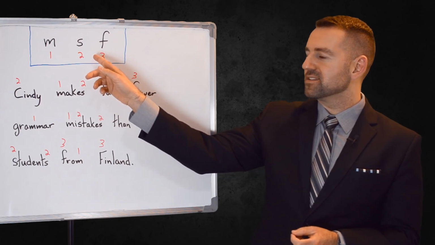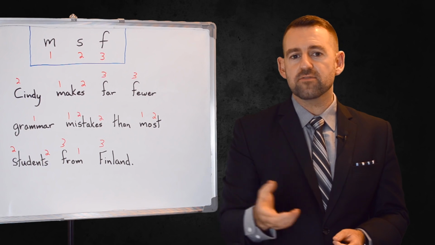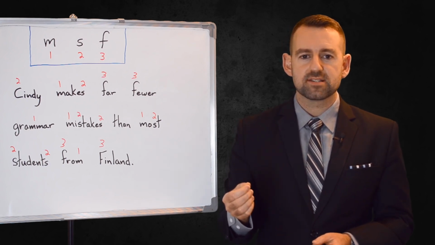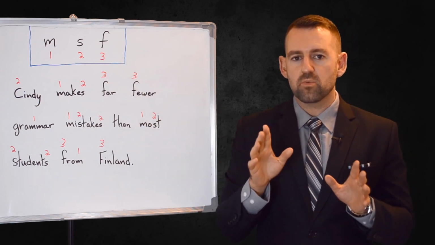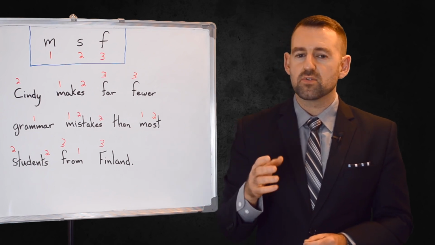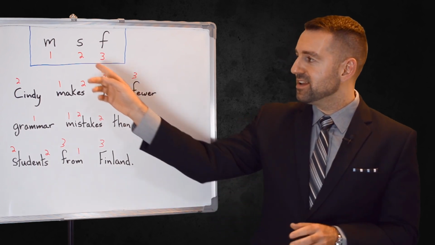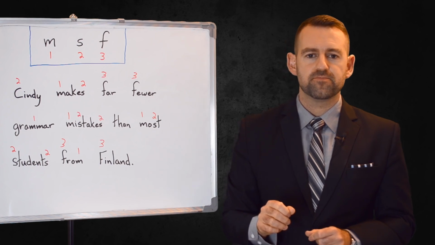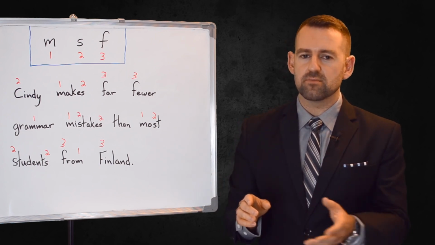So the sound S, it's the same. Almost every language, I think, says this sound the same. S and M. There's only one way to say this in any language. M, S. So you're probably saying it right. So you don't need to change any of these sounds. And the third sound, F, F. I think it's the same in most languages.